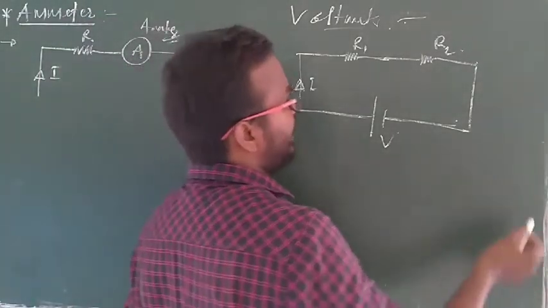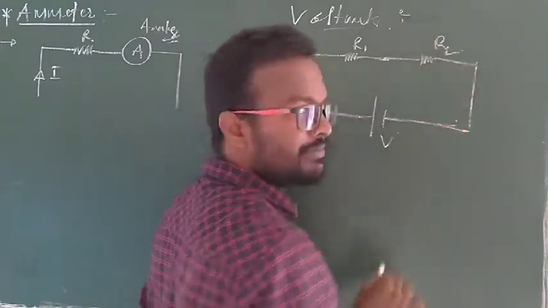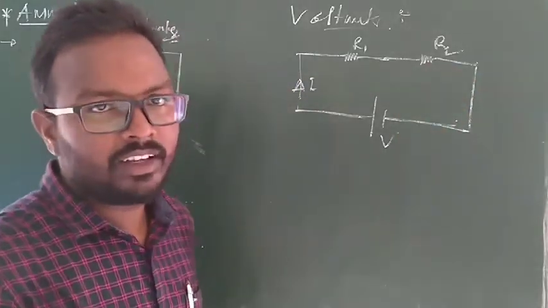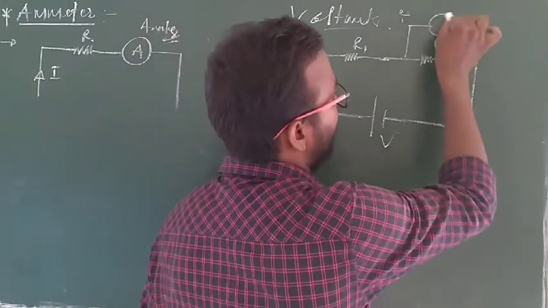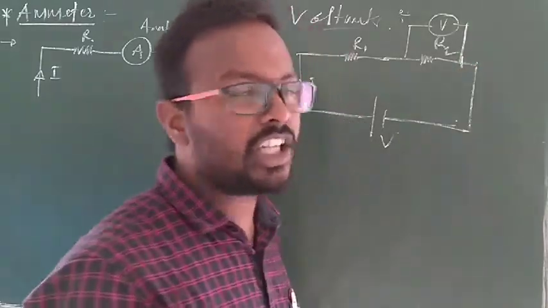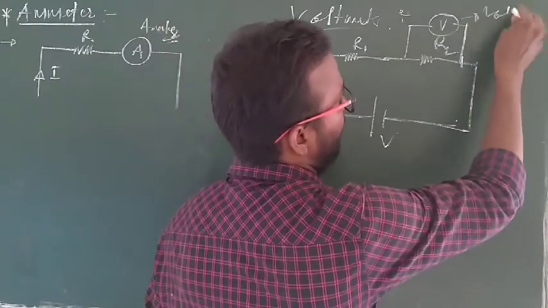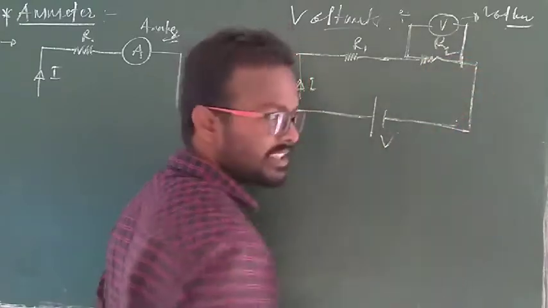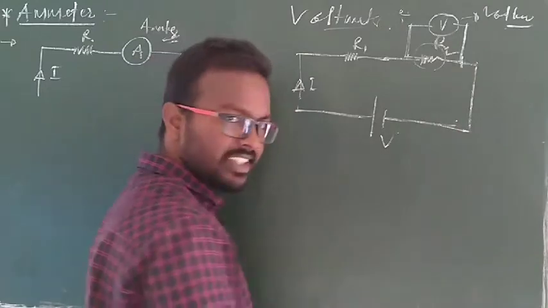If you want to find the potential difference across the resistor R2, we have to use a voltmeter in the circuit, and that voltmeter is always connected in parallel across that resistor. So this voltmeter is always connected in parallel with the resistance across which we have to find the potential difference.